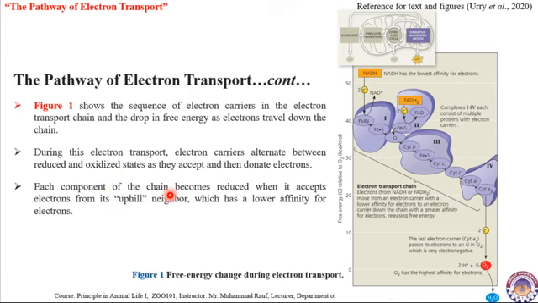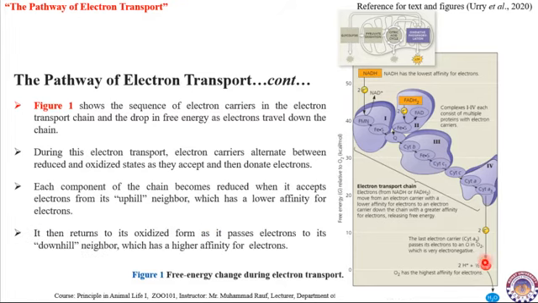Each component of the chain becomes reduced when it accepts electrons from its uphill neighbor, which has a lower affinity for electrons. So this has a lower affinity, this one has higher affinity, this one has even higher. As you move down the chain, the electronegativity of the carriers increases. And then finally the oxygen arrives, which is the most electronegative atom in this group of carriers.